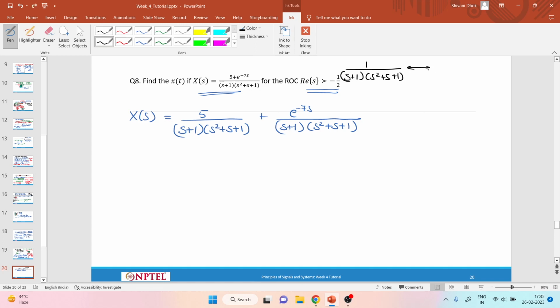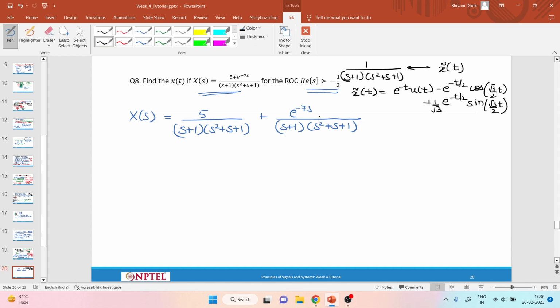So let's say this is x tilde of t, and x tilde of t is equal to e power minus t u(t) minus e power minus t by 2 cos of root 3 by 2 t plus 1 by root 3 e power minus t by 2 sine of root 3 by 2 t.